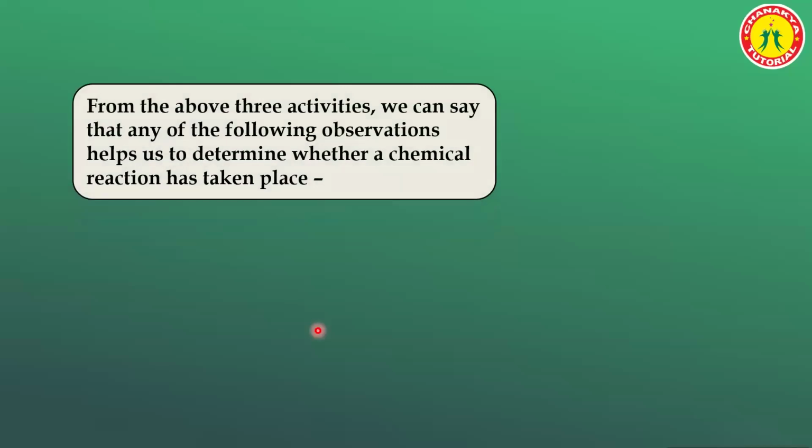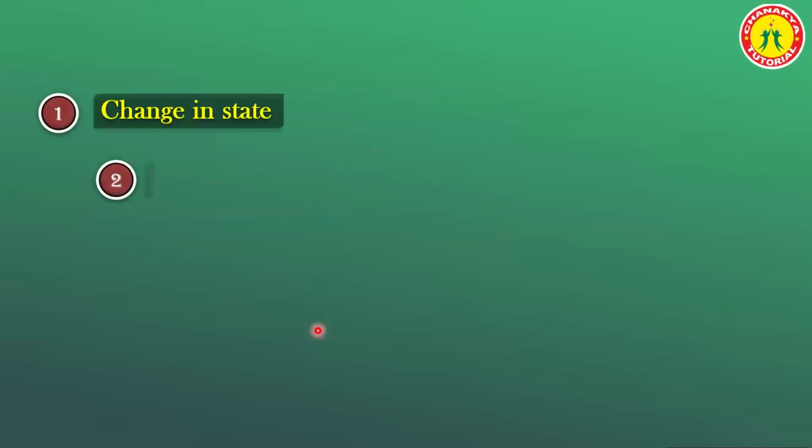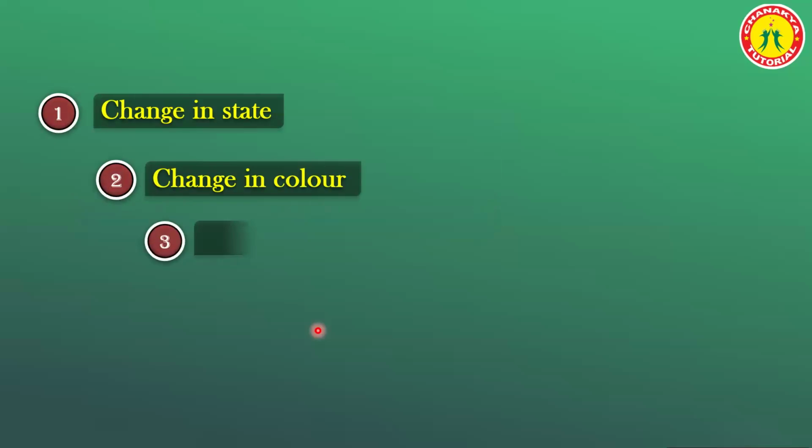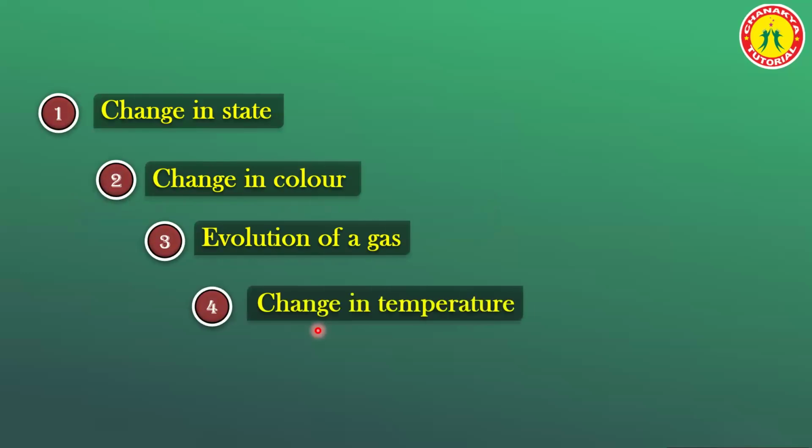So, we saw these three examples. What happened in these examples? There was change in state. There was change in colour, yellow precipitate formation. There was evolution of gas, for example hydrogen gas. There was change in temperature because the conical flask became hot.